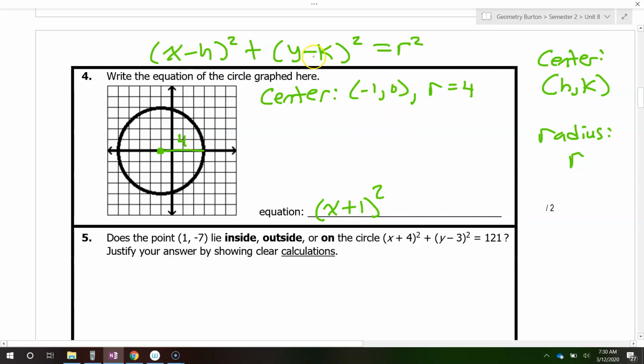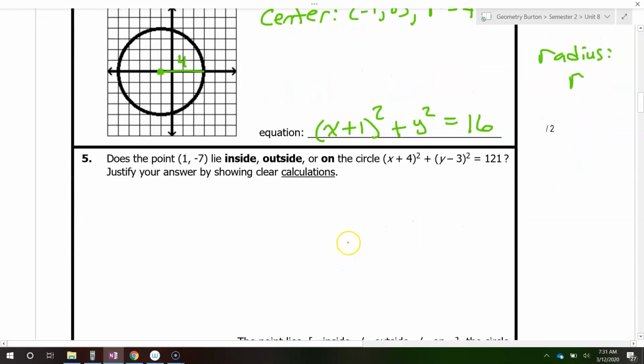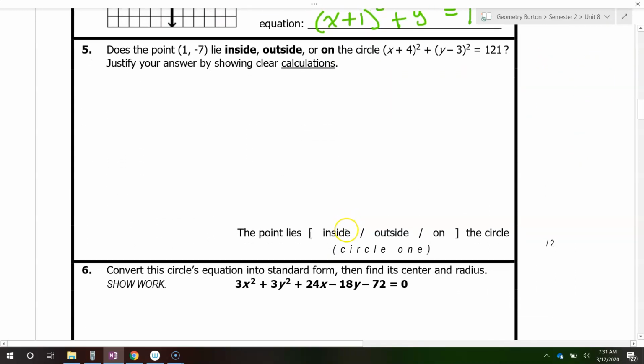The k value is 0, so that's just going to leave y squared. Now here we put the radius squared. So 4 squared is 16. Okay, so that's the heart of it.